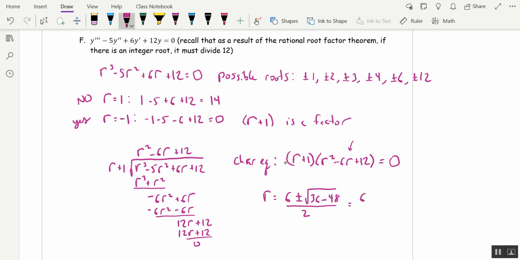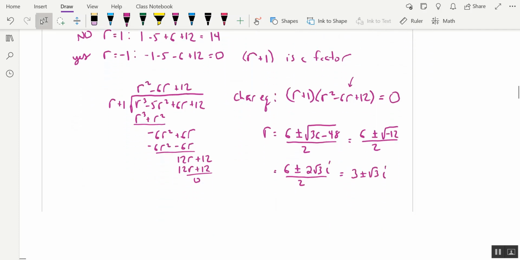So that's 6 plus or minus the square root of negative 12 over 2, which is 6 plus or minus 2 root 3i over 2, so that's 3 plus or minus root 3i.